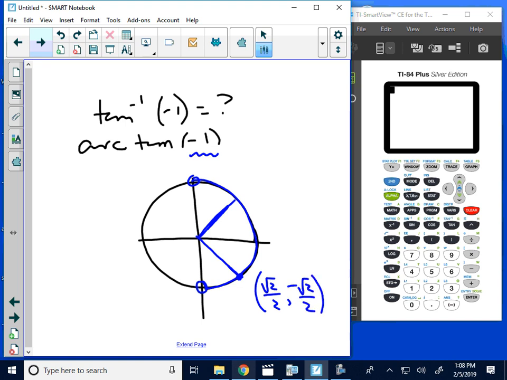That pairs up with -pi/4, right? And so the tangent of -pi/4, the arc that has a tangent of -1 would be this guy right here, right? √2/2, √2/2 with a negative. So this is -pi/4.